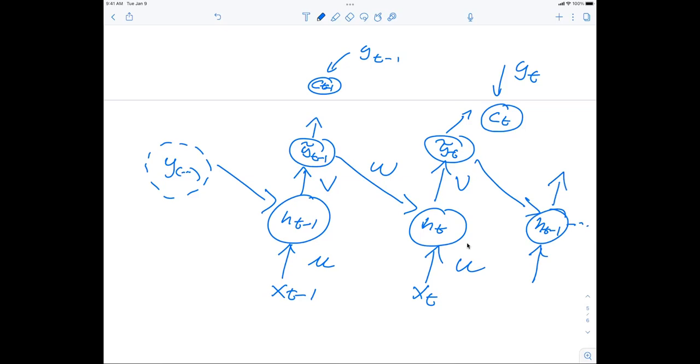Now, if you look at these different types of networks, what happens now is that this new system is in a way almost independent of the previous one. So the only thing it receives is an output from the previous layer or the previous time step.